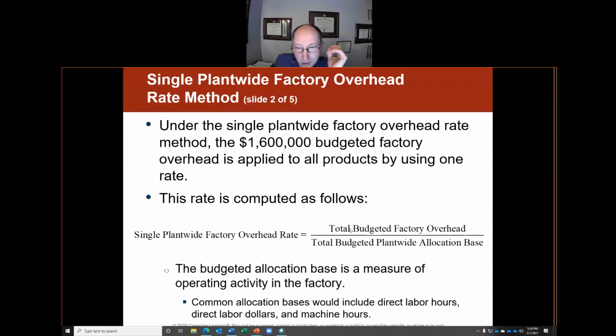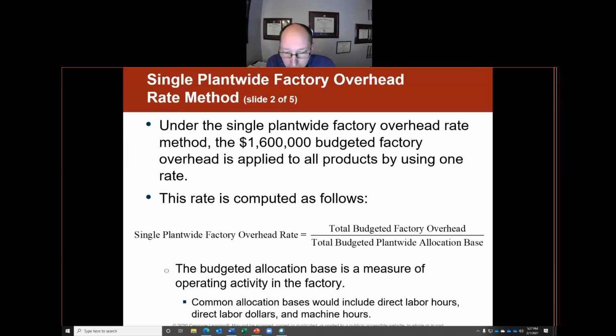The best way to remember the formula for single plant-wide factory overhead is to remember that the top line is your budgeted factory overhead. That'll be given to you. Say, for this coming year, the budgeted factory overhead is 1.6 million. The bottom line is going to be the allocation method, or the allocation.